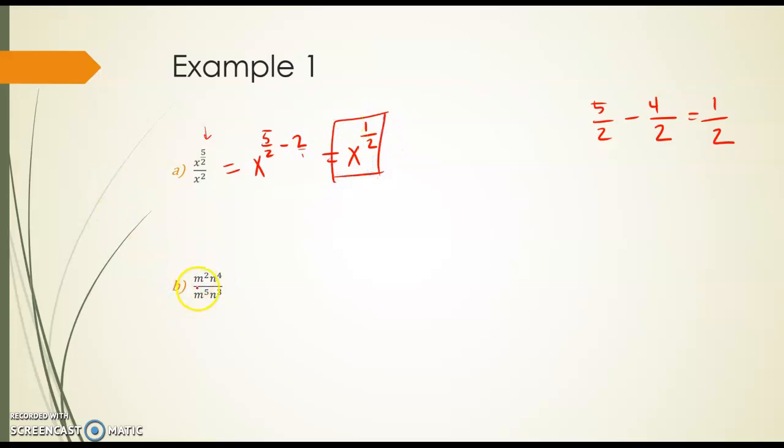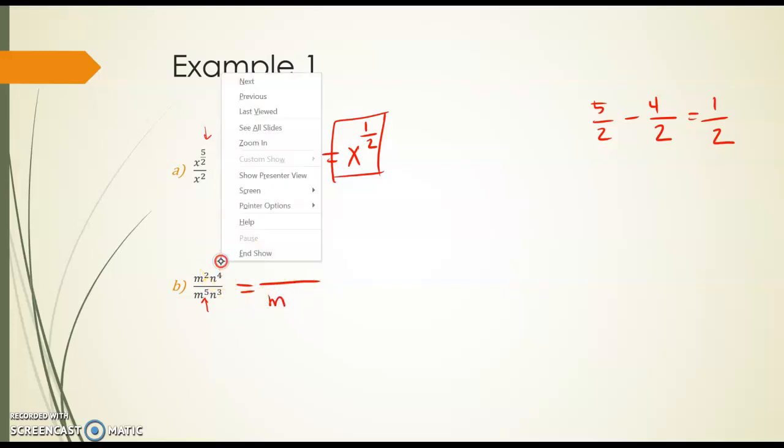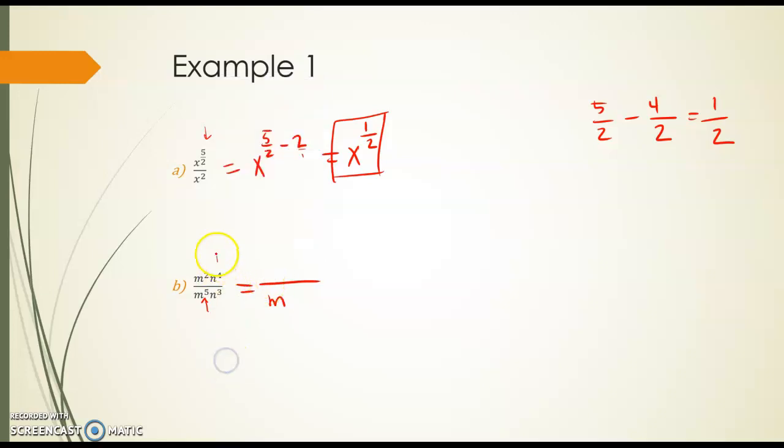All right, so on the second one, this is what I was talking about in the last slide. The 5 is bigger, so in my opinion, we're going to keep the m on bottom. The 4 is bigger for the n's, and so the n is going to go on top. So we're going to do 4 minus 3 on top, and 5 minus 2 on the bottom. 4 minus 3 is 1 n, so we're going to have just n.